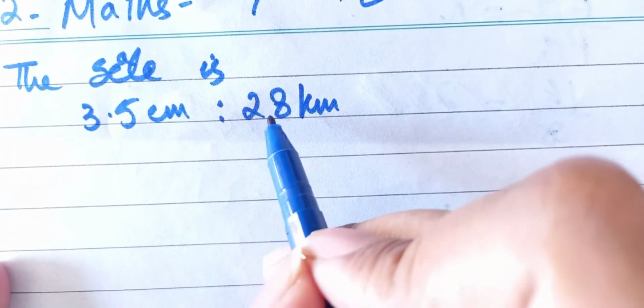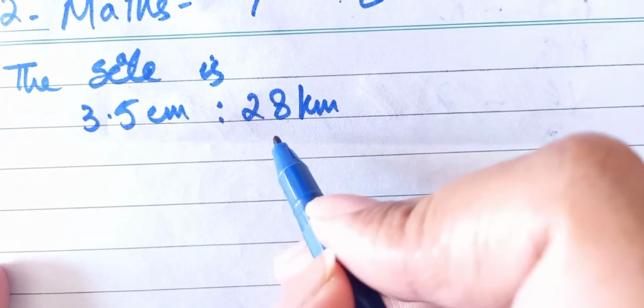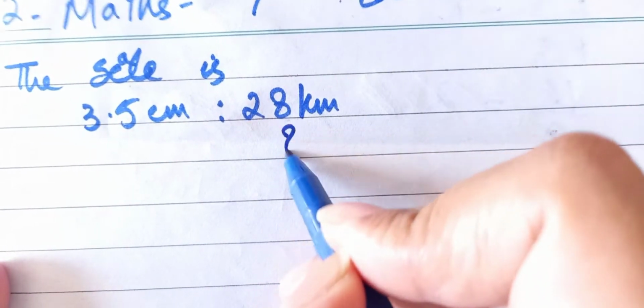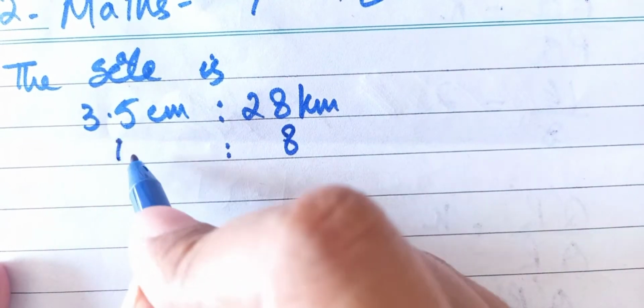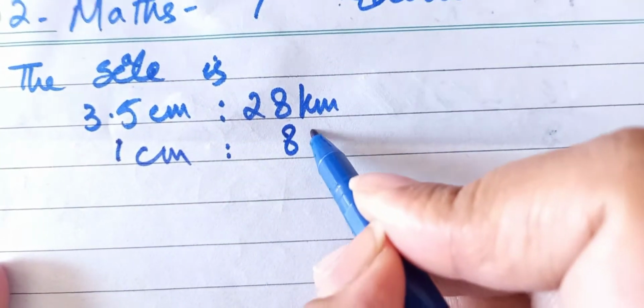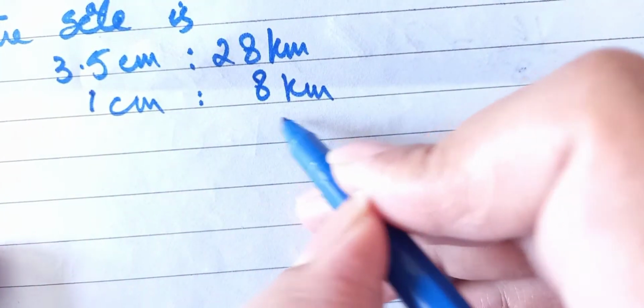When I divide 28 by 3.5, I get 8 here, and 3.5 ones are 3.5. So 1 centimeter is equal to 8 kilometer. I got the scale in the simplest form. 1 centimeter is 8 kilometer.